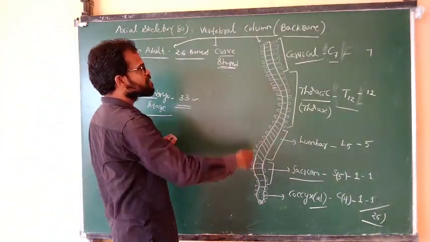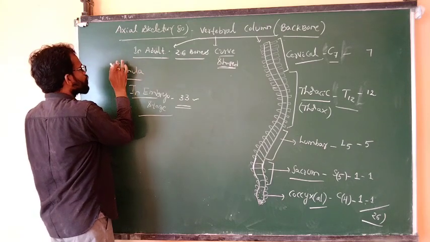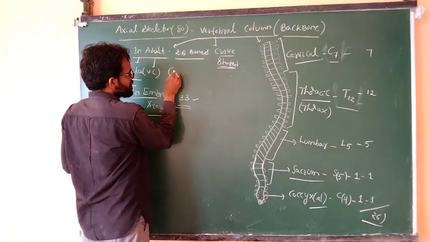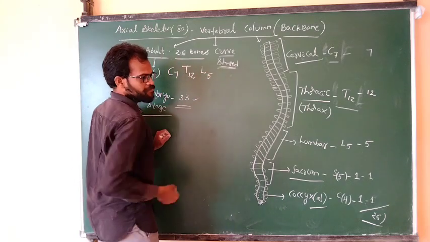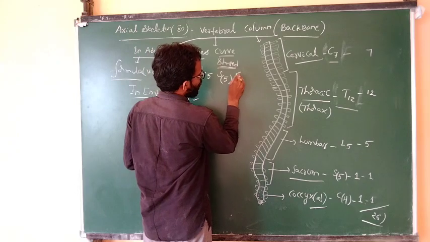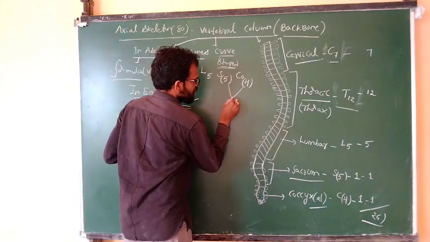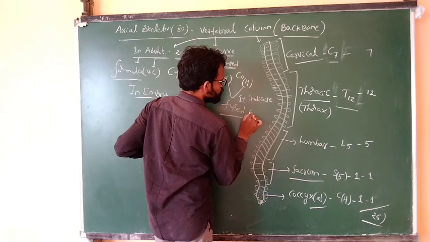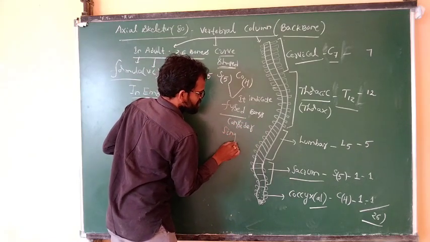If you observe the formula of the vertebral column or backbone: cervical 7, thoracic 12, lumbar 5, sacrum 5 but fused, coxal 4 but fused. Consider them single bones.